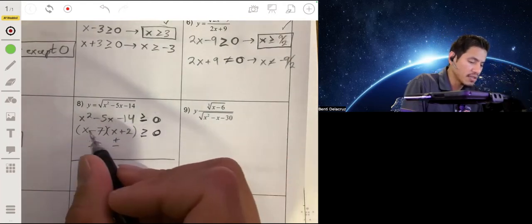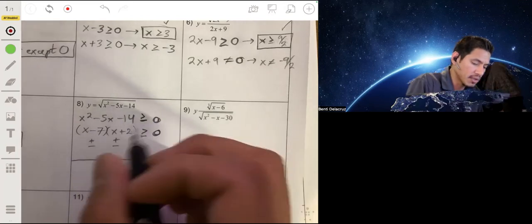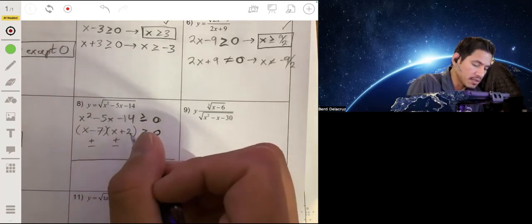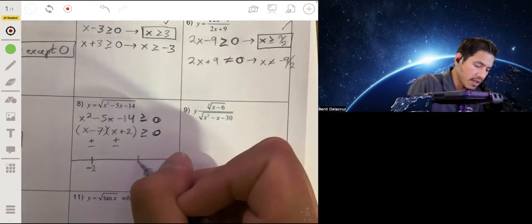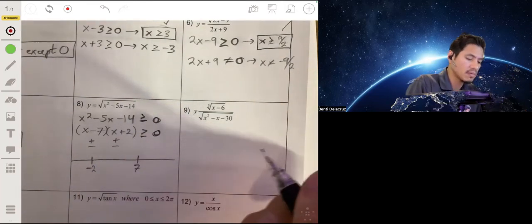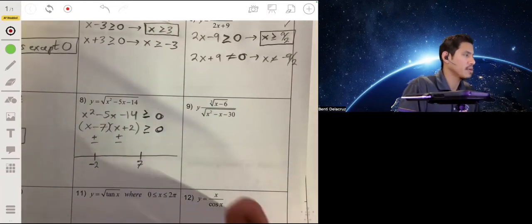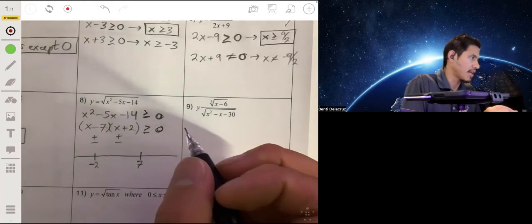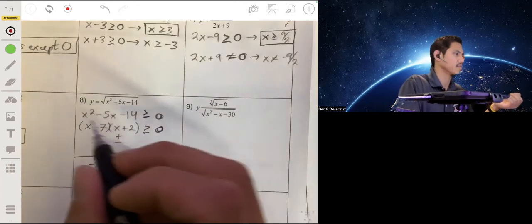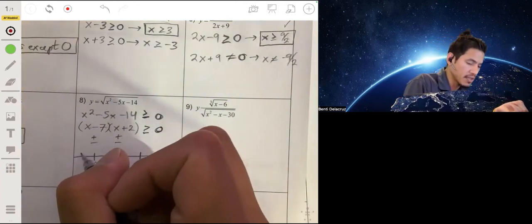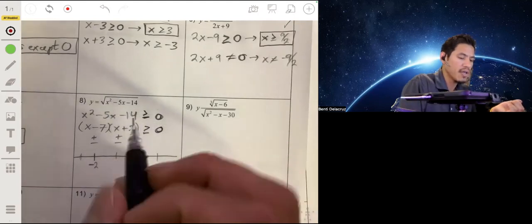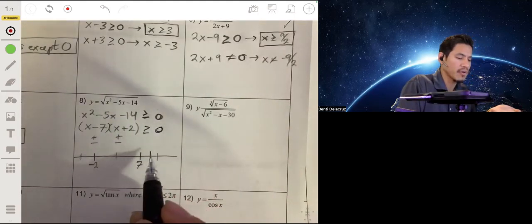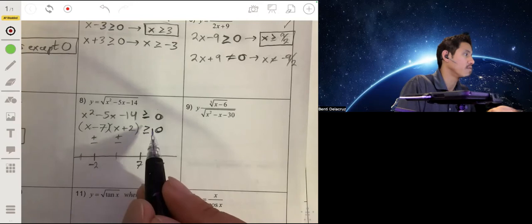My technique is to solve for the zeros of each of these. So we would solve x minus 7 is equal to 0 and x plus 2 is equal to 0. The zeros here would be negative 2 and 7. The reason I advise solving for the zeros is because then you can check numbers in this region, and in this region, to see what product will give you a positive or negative value.